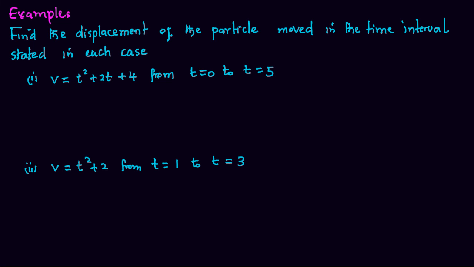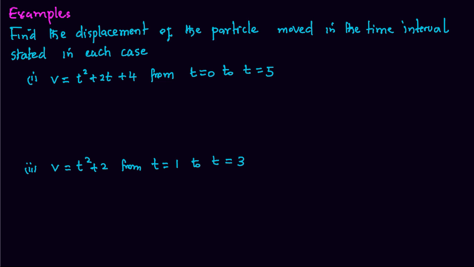So we want to look at an example that applies the knowledge we have learned about. Find the displacement of the particle moved in the time interval stated in each case. So we have v is equal to t squared plus 2t plus 4 from t equals 0 to t equals 5.